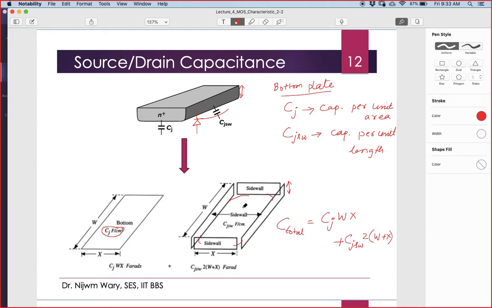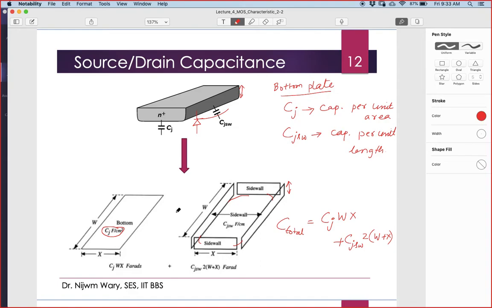Here we are just trying to get an estimate of all the capacitance. As a designer, if we get an estimate, we can estimate the performance. Depending upon this capacitance, I can tell in what range the bandwidth can be.